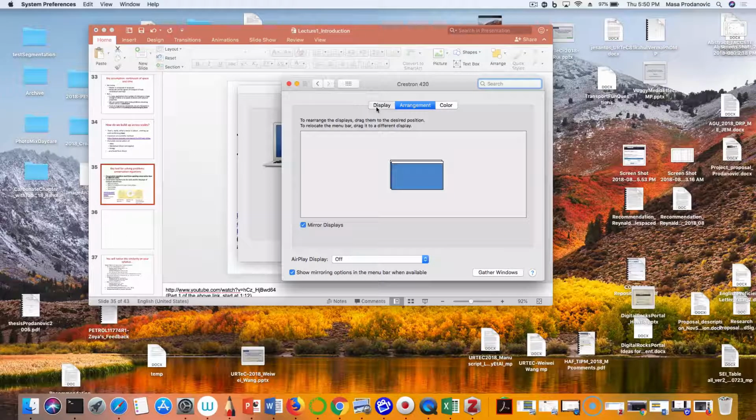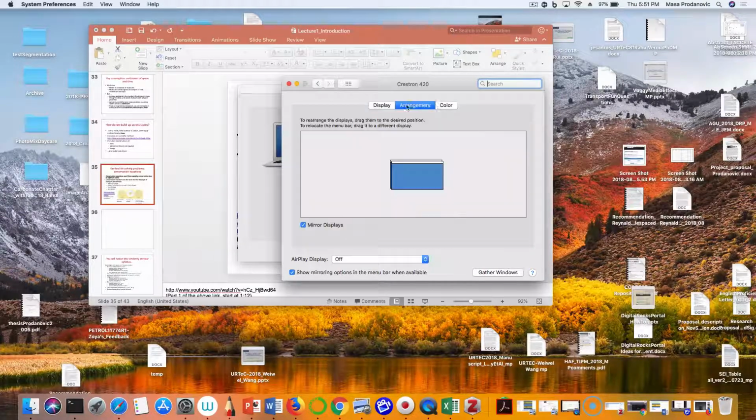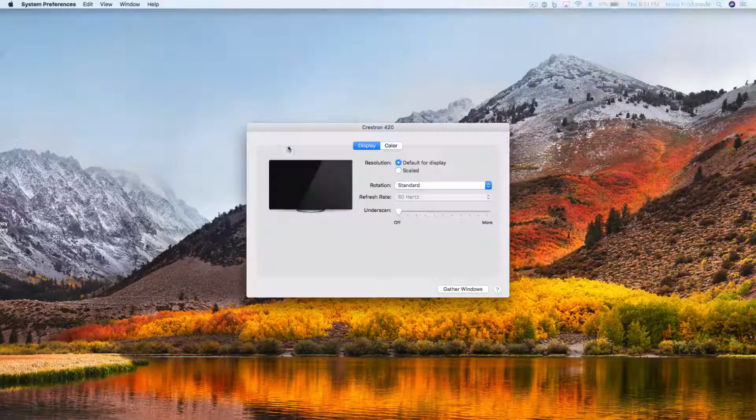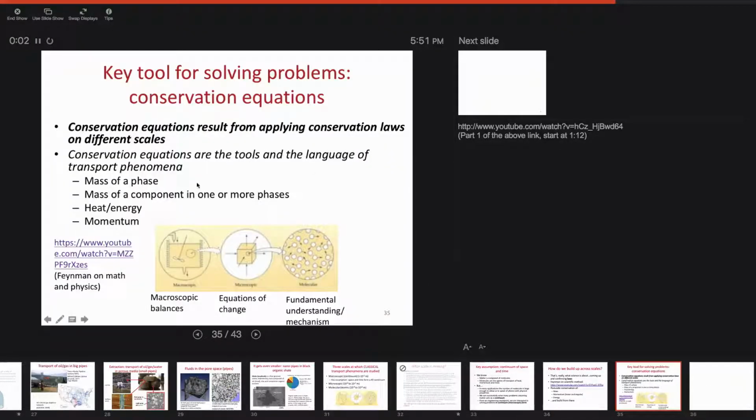It's mirrored. Let's try without mirroring. Does that work? No, still the same. All right, well, we'll work with this for now. And then I'll play with it later.